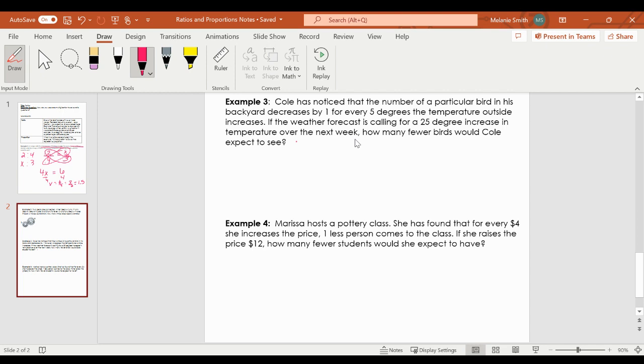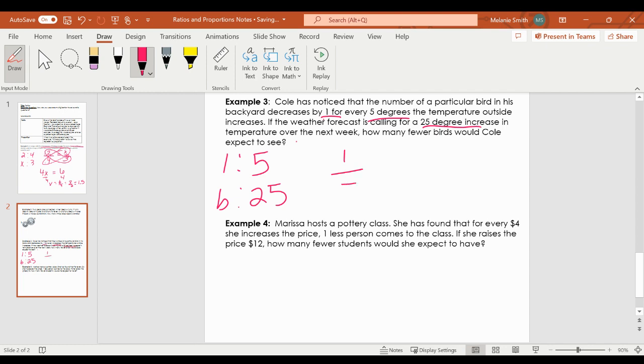So we have a decrease of 1 bird for every 5 degrees. So I'm going to set up that ratio, 1 bird to every 5 degrees. We know that there is going to be a 25-degree increase in the temperature, and we want to know how many fewer birds he should expect to see.